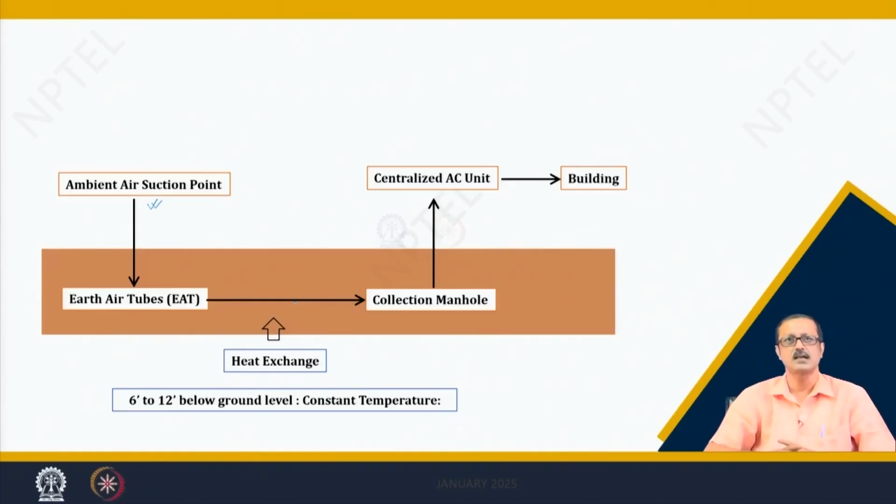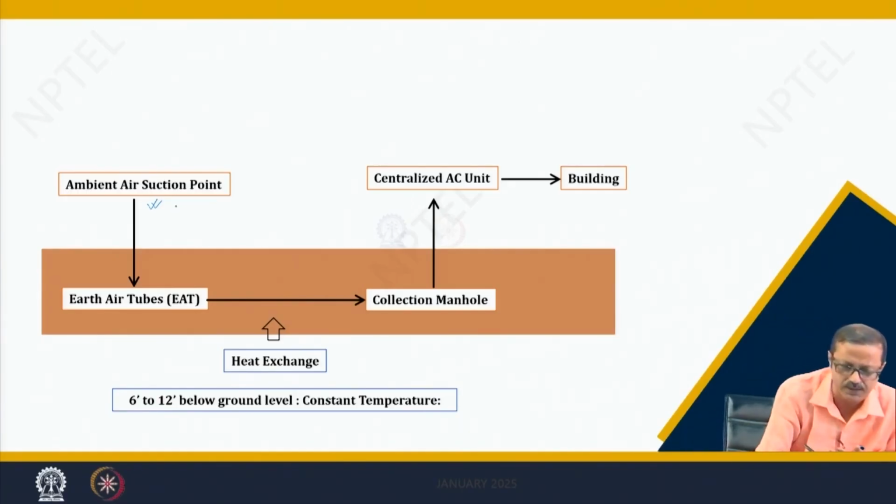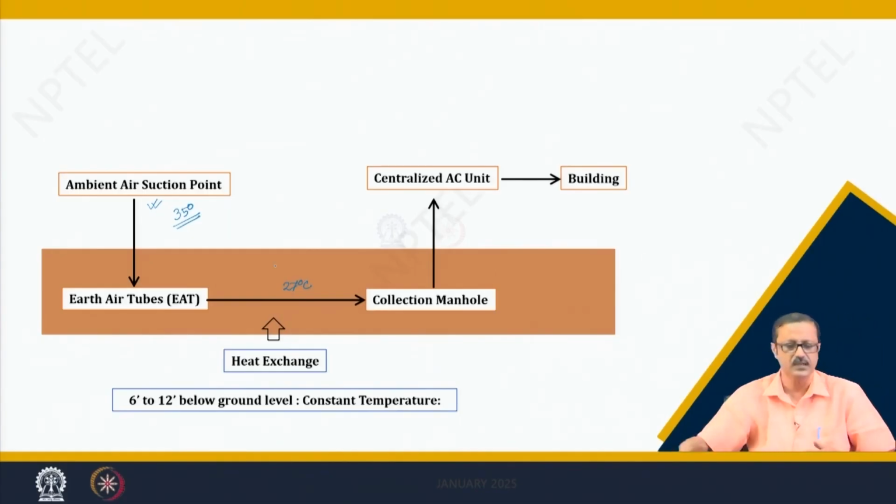The ambient air may have a little bit higher temperature, maybe around 35 degrees centigrade, and below that, it is 27 degrees centigrade or so, whatever is the temperature of the soil. So definitely there is a heat exchange.